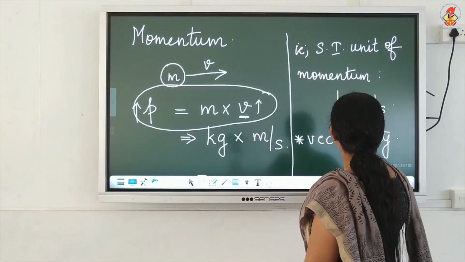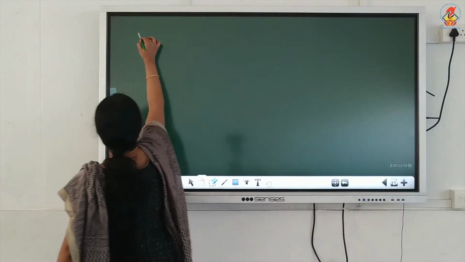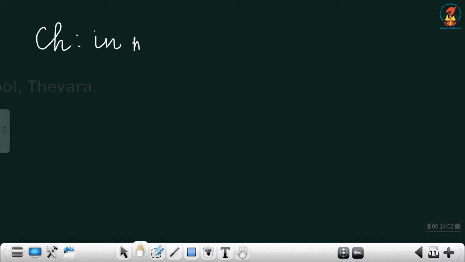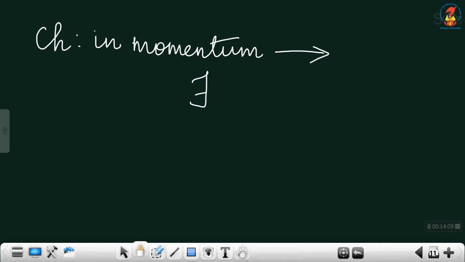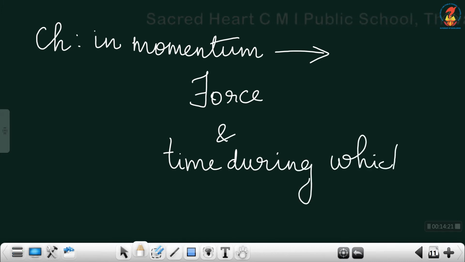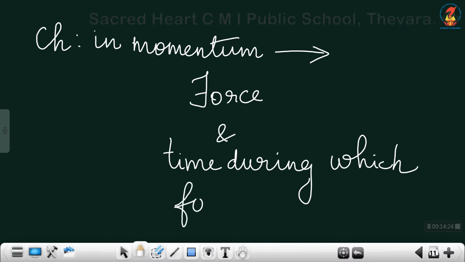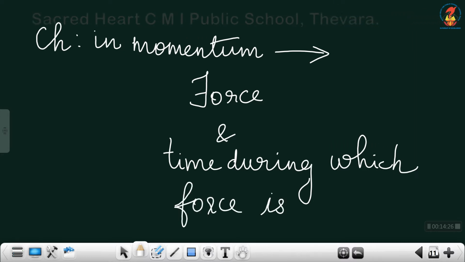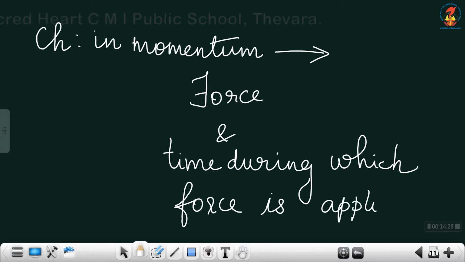That is, change in momentum depends upon the force and the time during which force is applied.